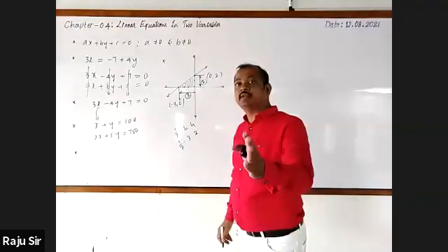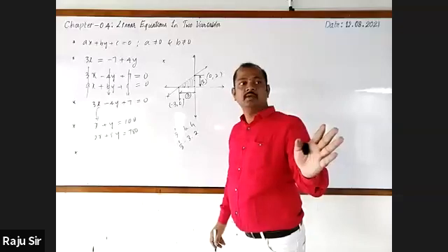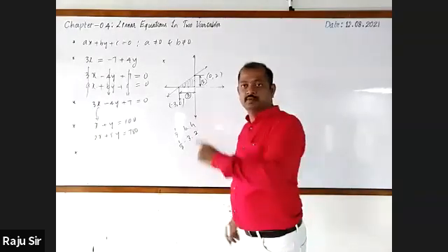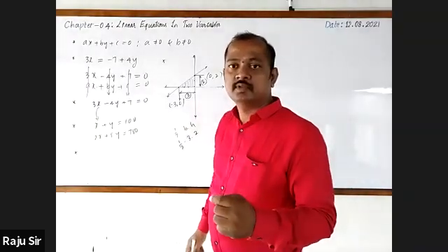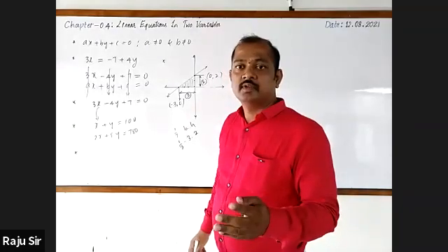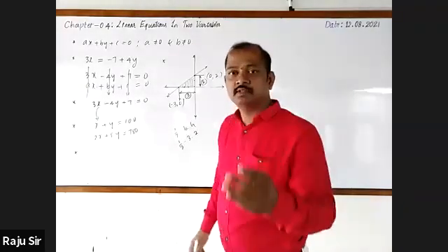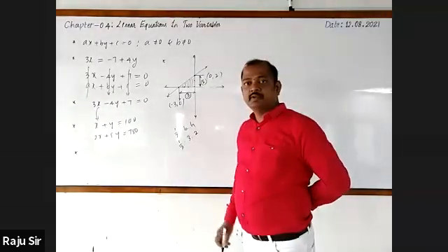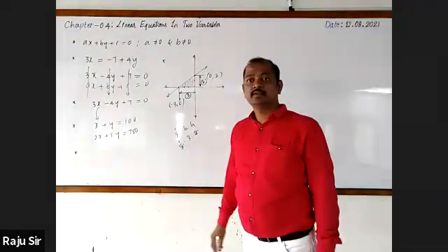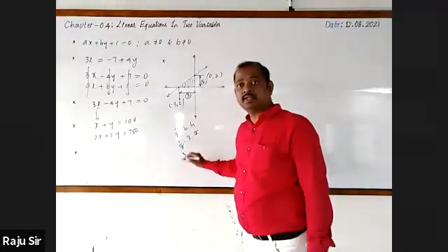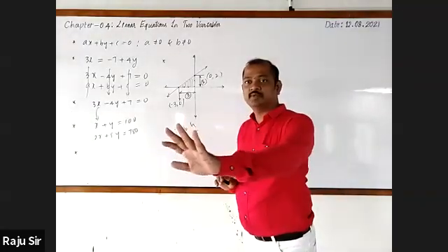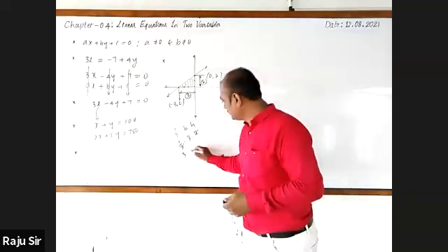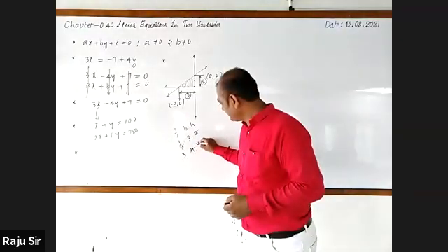Only Shreya will tell. 2 and 2 get cancelled. 3 units. Now 3 square units. Very good. 3 square units.